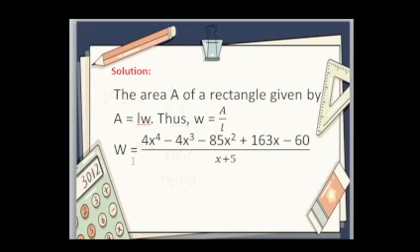So we have W equals 4x to the 4th minus 4x cubed minus 85x squared plus 163x minus 60 divided by x plus 5.